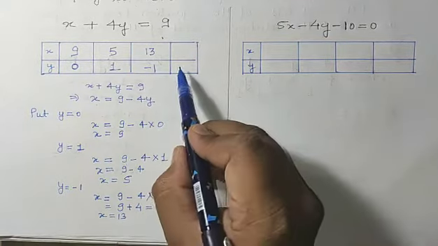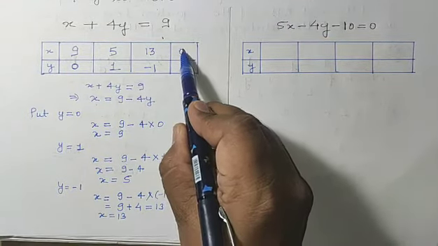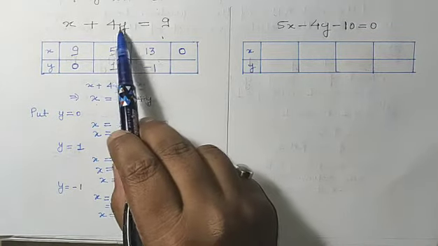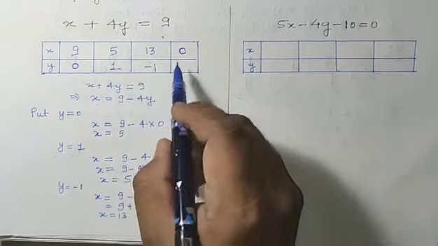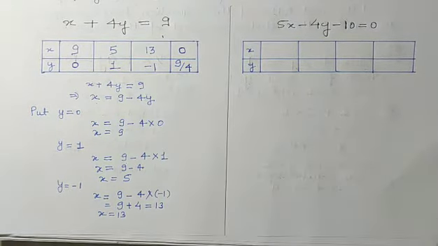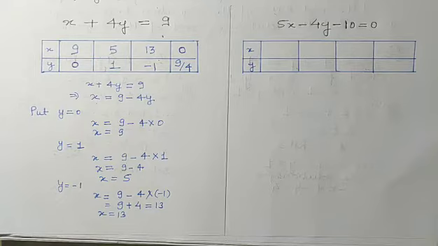So if we put x is equal to 0, we get y is equal to what? This 4 will be shifted, means 9 upon 4.